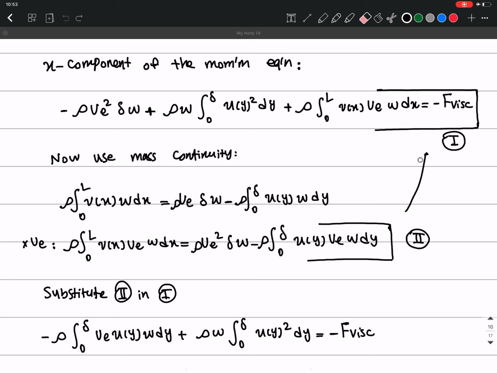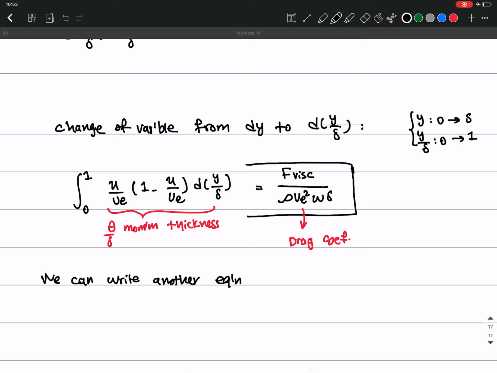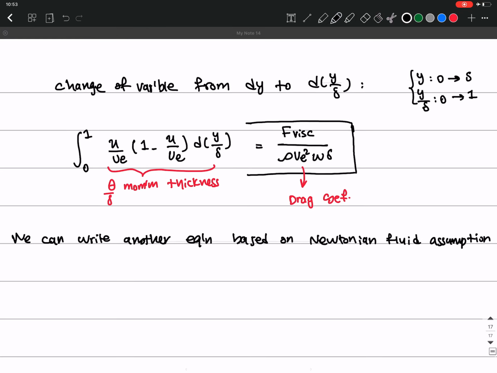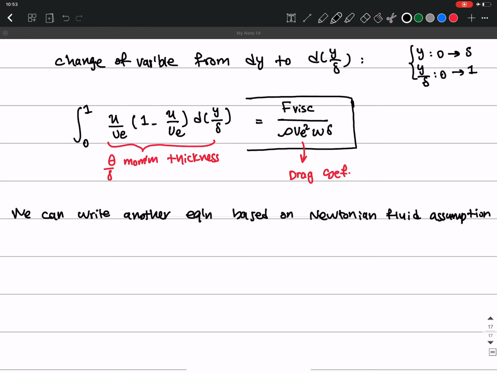So we can write another equation based on the Newtonian fluid assumption. Okay, so let's see what it is.